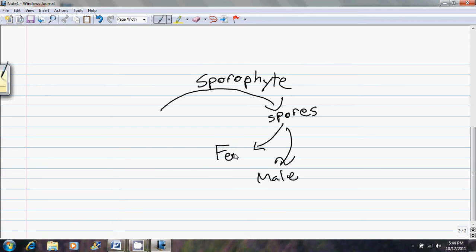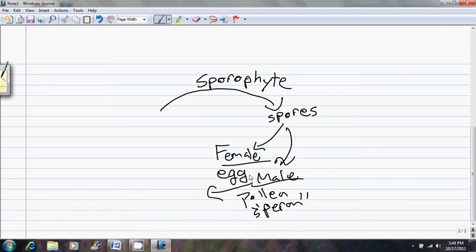Because we know of a few plants that are both male and female, but you get some plants that are strictly male or strictly female. Well, as we know, male produces pollen, and inside that pollen is contained the sperm, and the female is going to produce the egg, and that's going to stay inside of the ovary, as we learned.